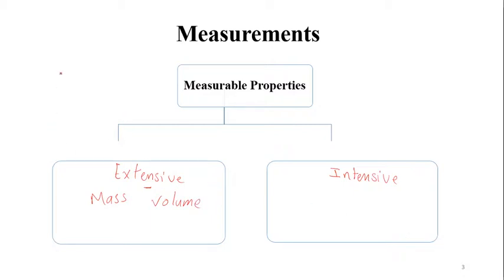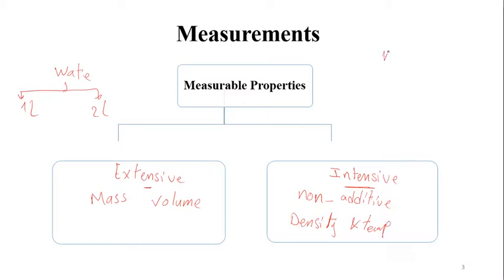This means if I have 1 liter of water, it is not the same as 2 liters. As for intensive properties, they are not dependent on how much matter is being considered, which means they are non-additive properties. Similar examples are density and temperature.